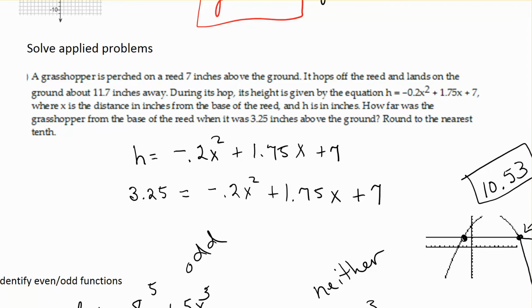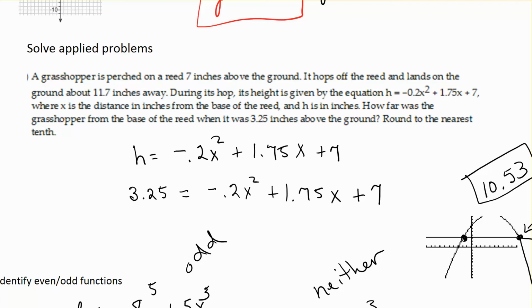All right, so you may have an application problem, and what I would suggest is to read it closely for understanding. A grasshopper's perched on a reed that is 7 inches above the ground. So imagine that. It hops off the reed and lands on the ground about 11.7 inches away. During its hop, its height is given by the equation.